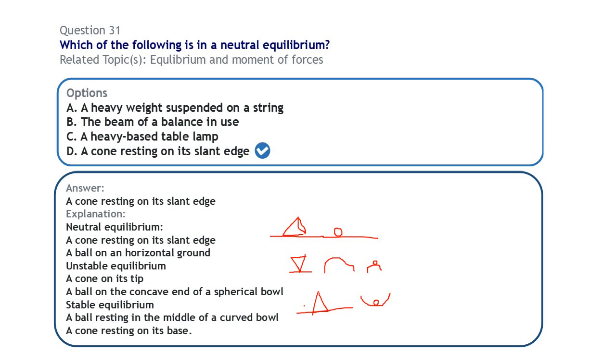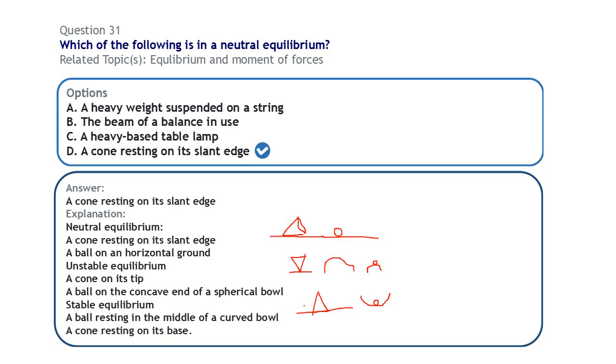But a cone resting on its tip, like this, is a state of unstable equilibrium. The cone will be unstable in this state. Or you have a concave hole with a ball on it, which is unstable equilibrium.